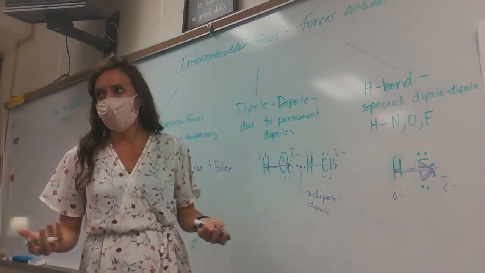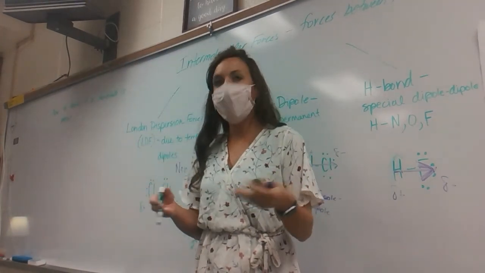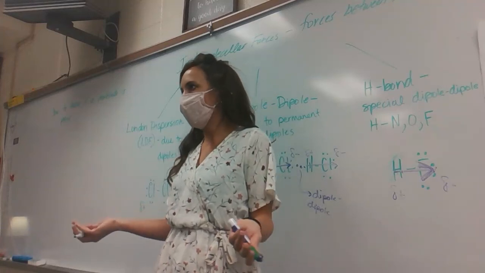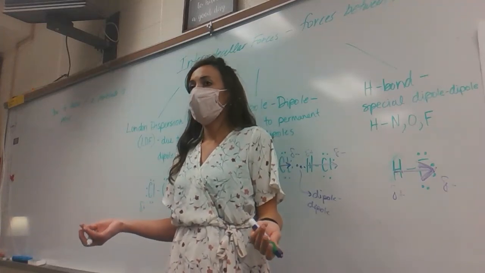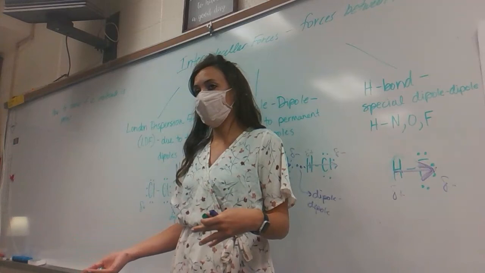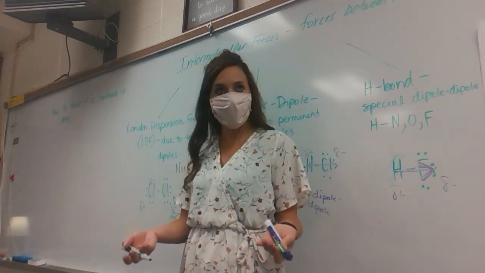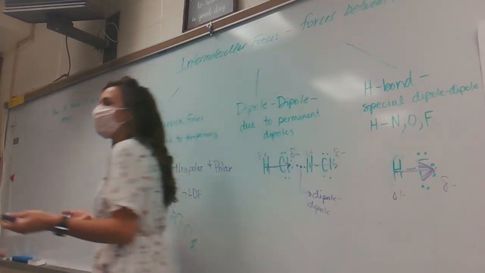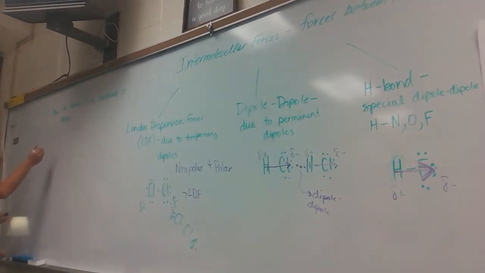Okay, it's understood if all of the bonds are nonpolar, then the molecule is nonpolar. But something can have polar bonds and still be a nonpolar molecule depending on the direction of the dipoles.